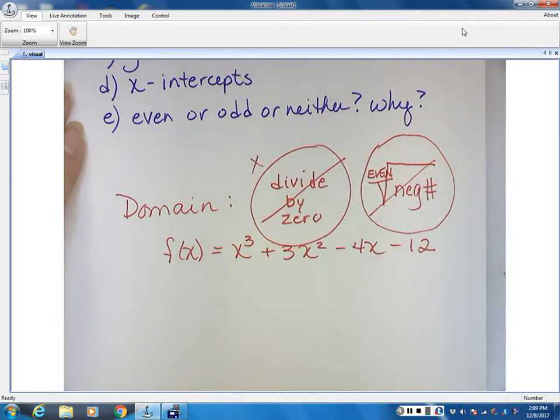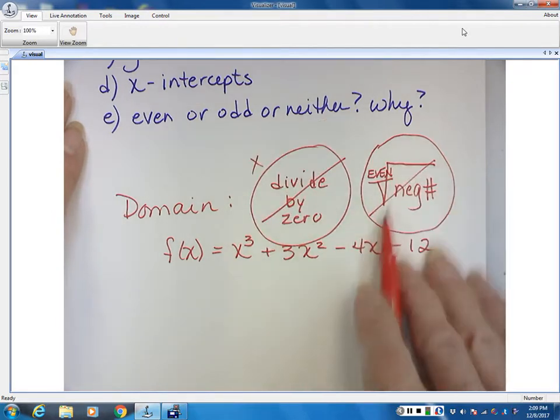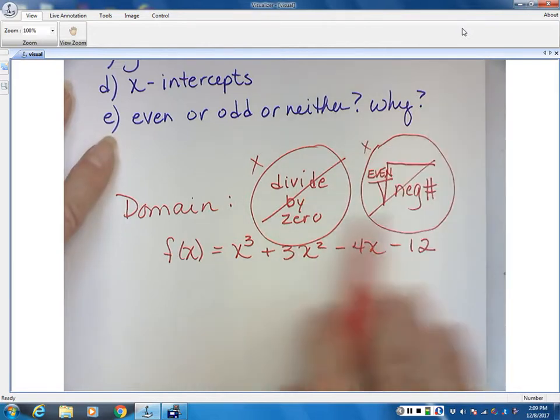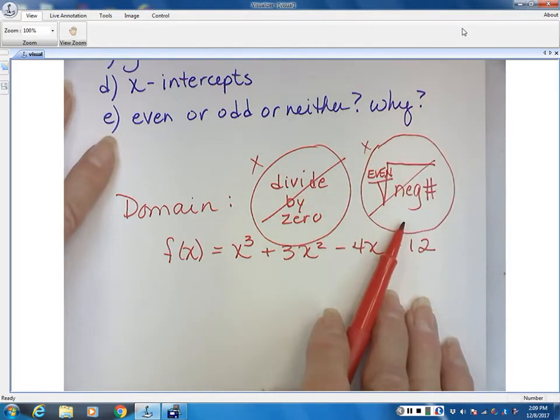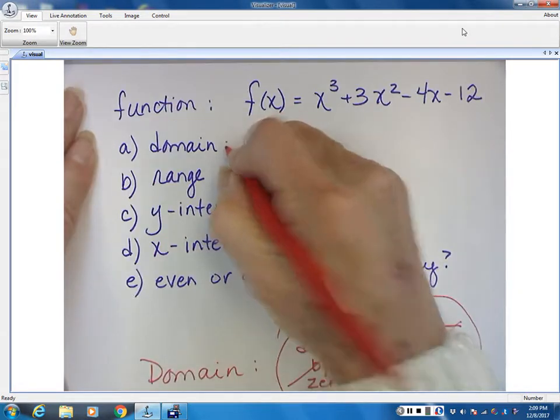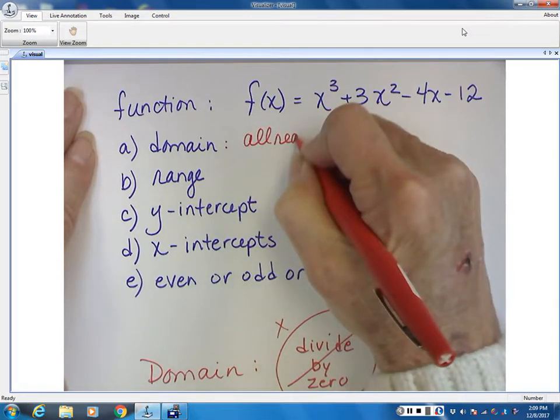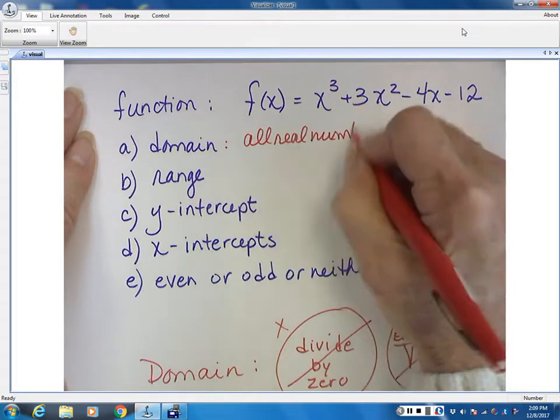There are no roots, no radicals in that equation, so we don't have to worry about that. Since those are the only two things we have to worry about, the domain is all real numbers. The symbol for that is negative infinity, comma, infinity, with parentheses around.